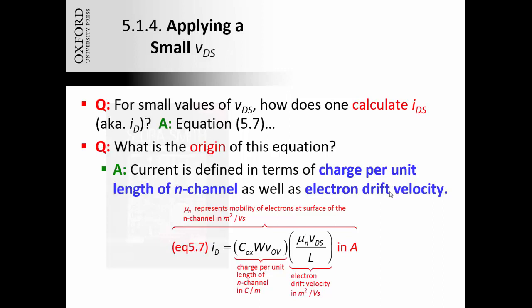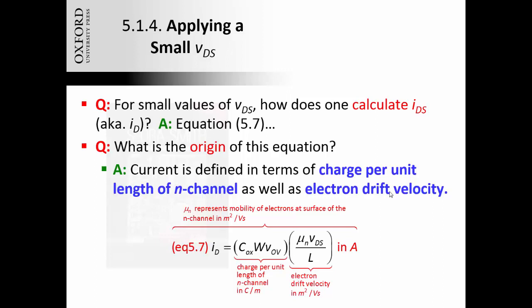But in this case, we've divided by L because we're interested in capacitance per unit length. Okay, on the right, we have charge or electron drift velocity, okay, which would be meters per second, and that comes about from the product of our electron mobility, mu sub n, times the electric field.